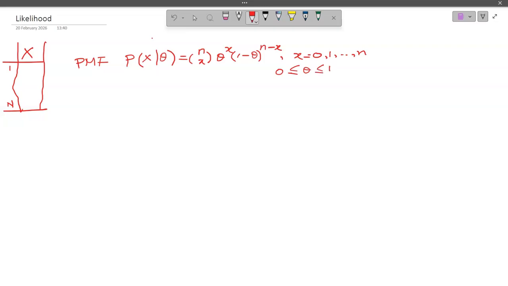So this is called the PMF, or otherwise for a continuous variable we have the PDF.